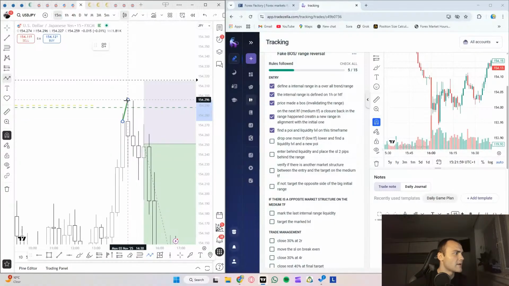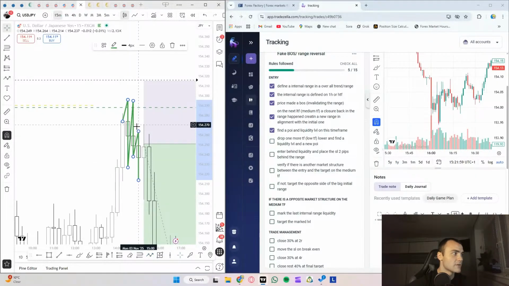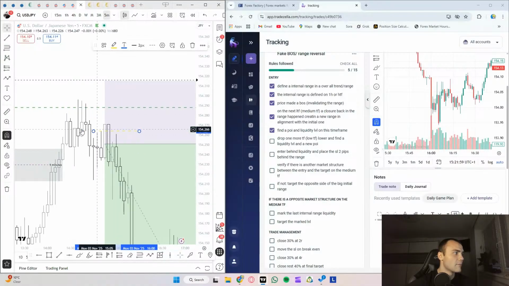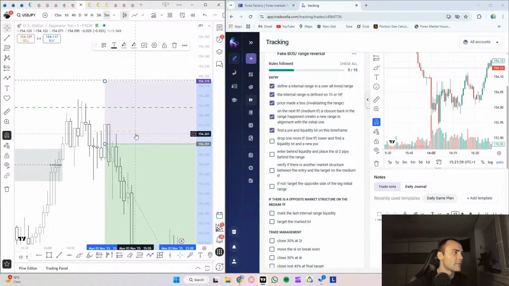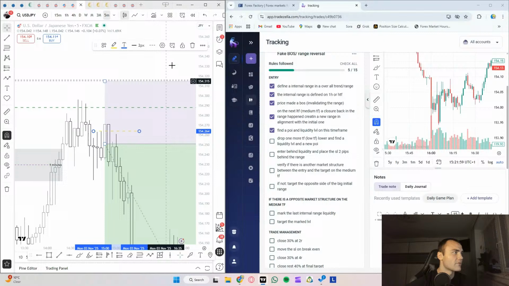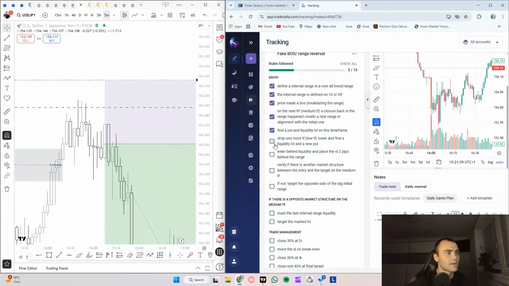You made the high, you have broken the low, made the high, you made the low, you made the high, who has broken the low. So this is a valid liquidity level, right? So on 50 minutes, this would have been my liquidity level, which happened to match on 5 minutes. And yeah, checked.